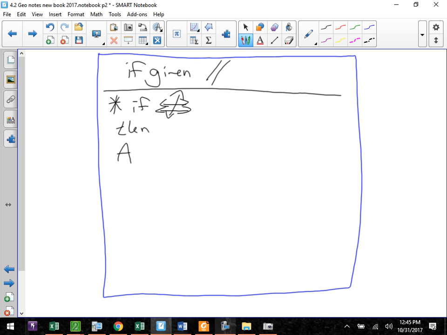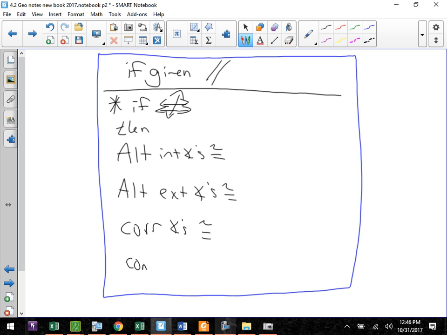Then we have alternate interior angles congruent, alternate exterior angles congruent, corresponding angles congruent, or consecutive interior angles supplementary.